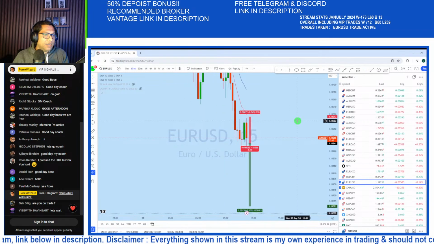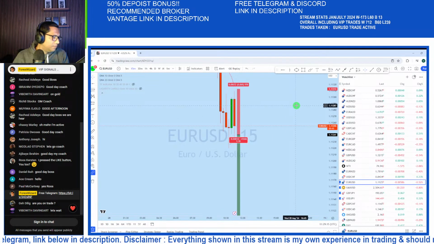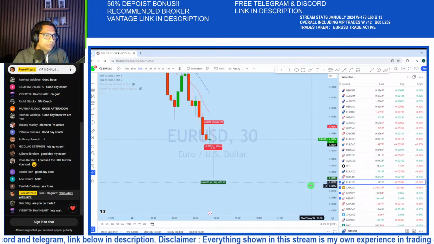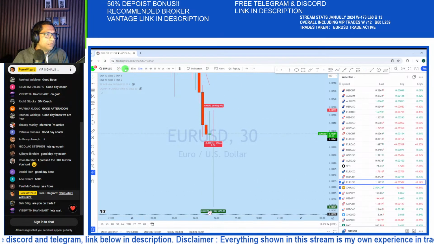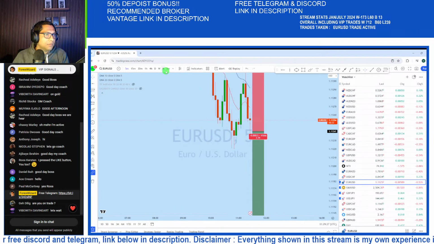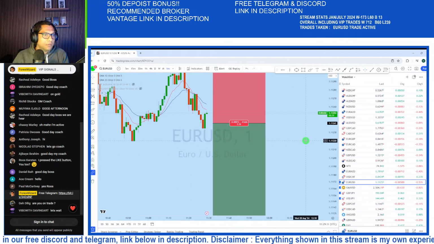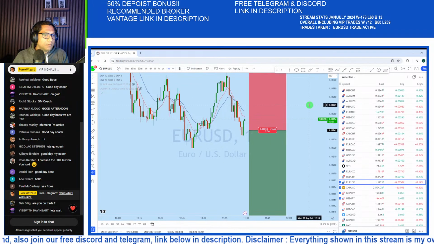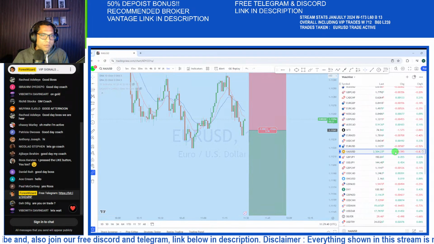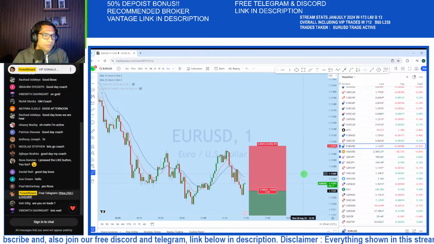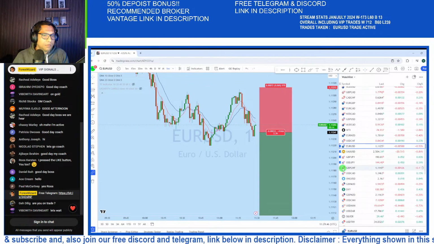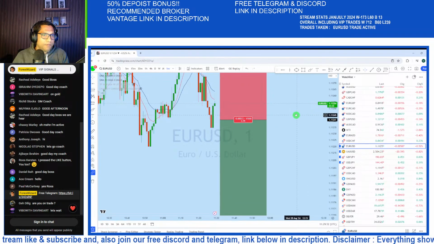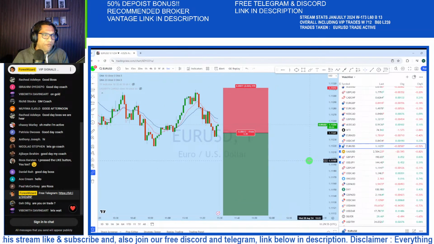So there's a 15 minutes candle closing on euro dollar. So we are short on euro dollar, waiting for the potential breakdown.